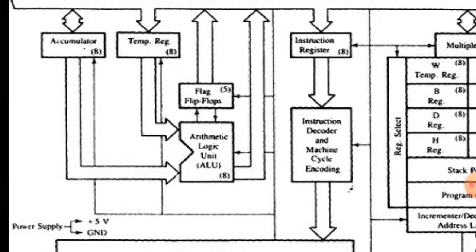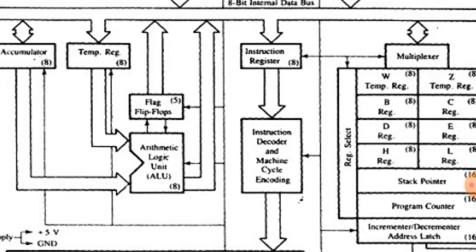Now 5 flip-flops means it stores 5 bits, which hold either a 0 or 1 value depending upon the result in the accumulator.